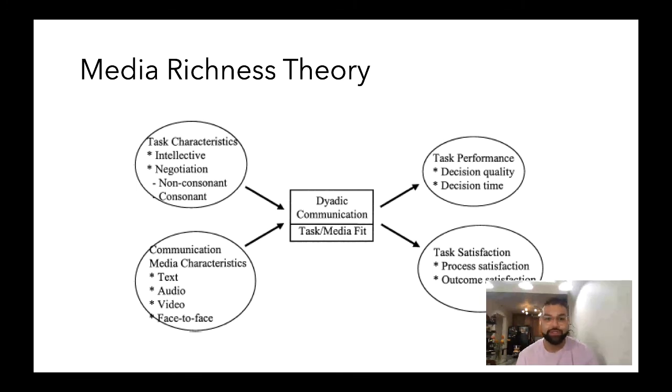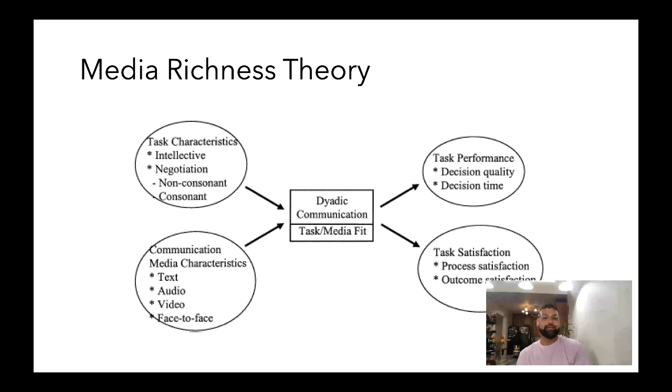You'd meet them in person. If you want to do something more small, more minute in terms of asking a question, like say, where can I find this particular file for the budget? You choose a leaner media because the task is less invasive. There's less at stake there. You wouldn't ask for a face-to-face meeting to ask about a file. You send an email, you send a Slack notification, you send an instant message.